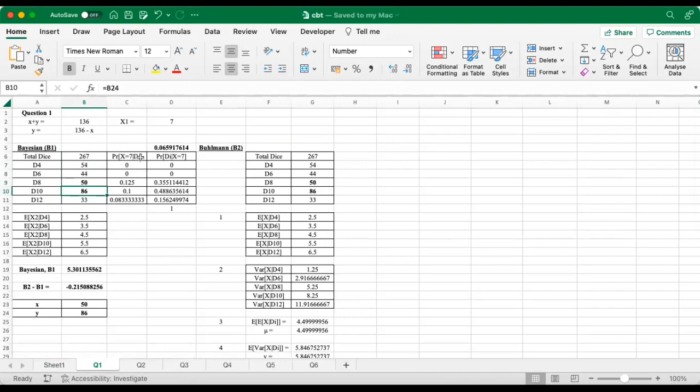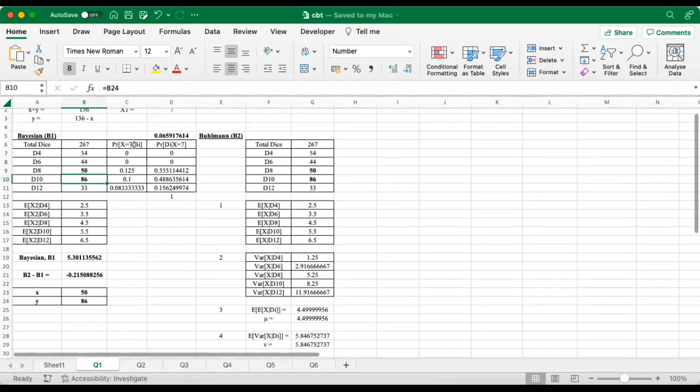Then we calculated the probability of rolling a 7 on each die. These are the probabilities as fractions. For the dice with 4 and 6 sides, it's 0 because they don't have side number 7.